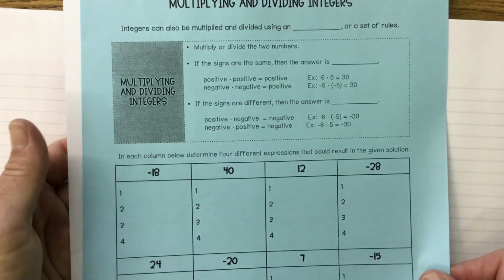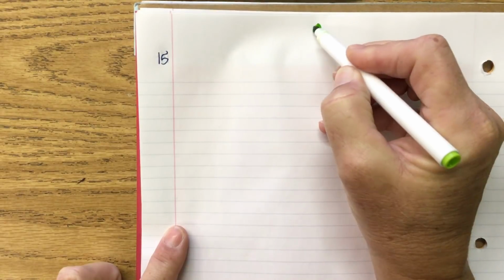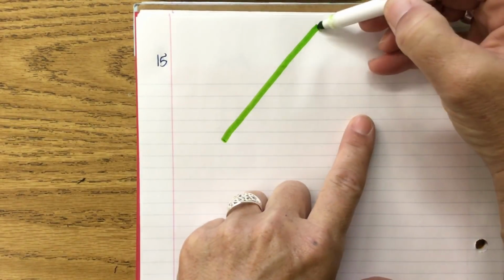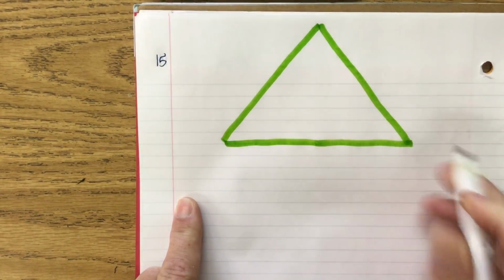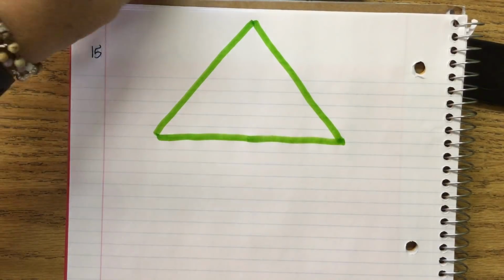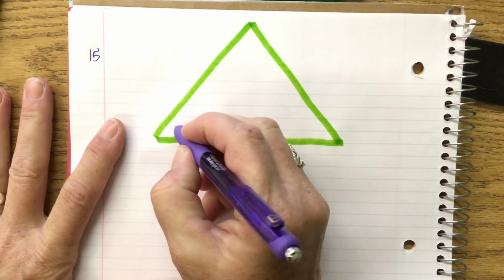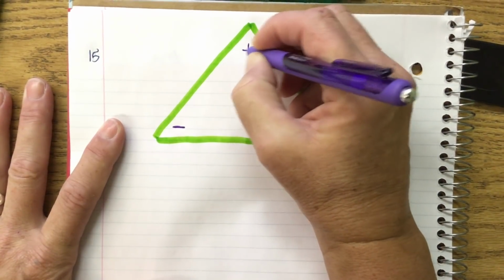And you were given a blue sheet that looks like this. But before we get to that, I want you to put this on the left, and I want you to draw a big old triangle at the top, because whenever you are multiplying or dividing rational numbers, this is a way to always remember, put a minus and a plus.